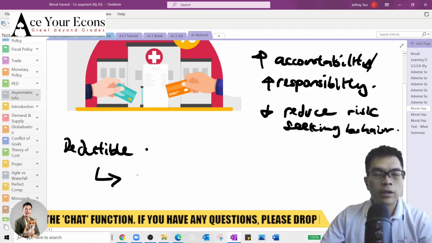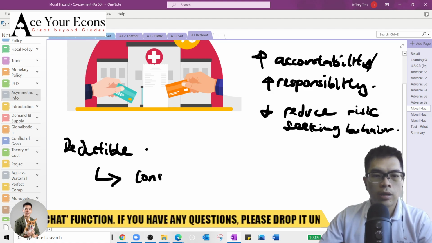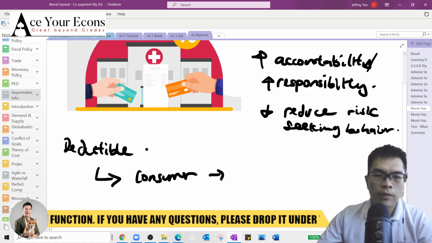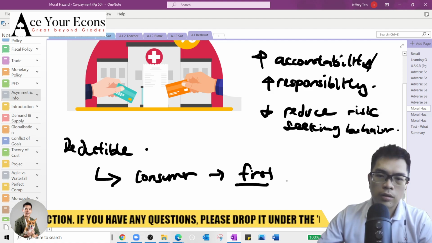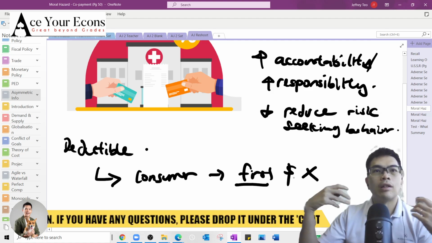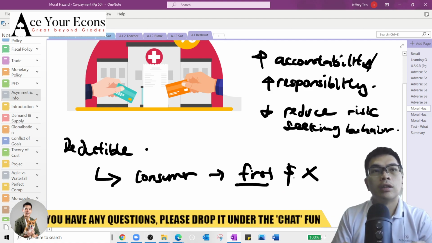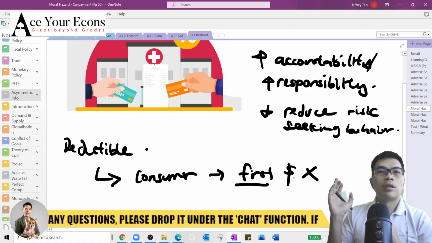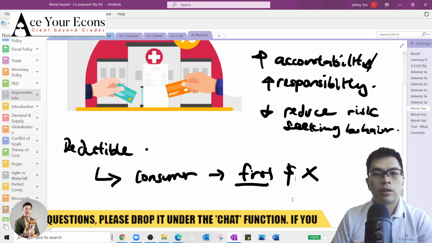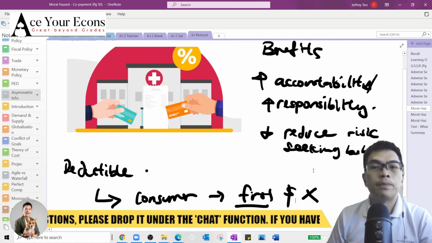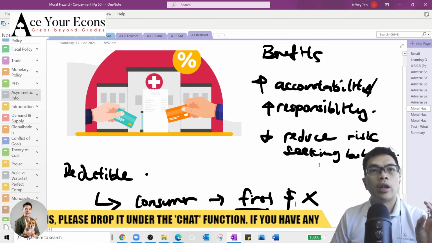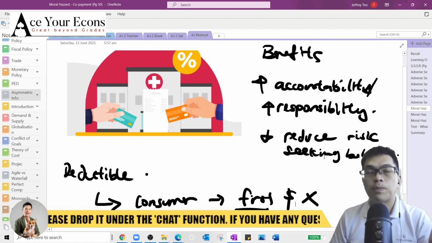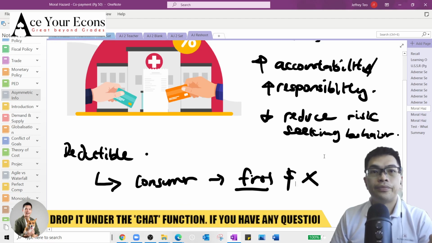Deductible simply tells you that the consumer will have to pay the first X dollars. Can be the first $1,000, $2,000. Then the rest of the insurance bill is going to be borne by the insurer. They serve the same purpose of making the consumer more responsible, right?